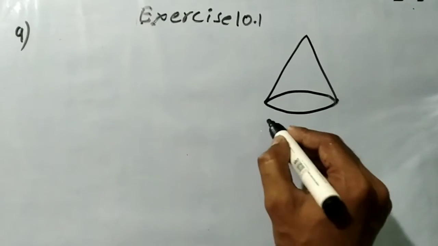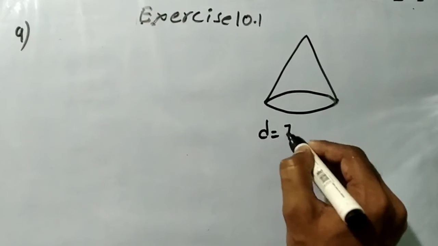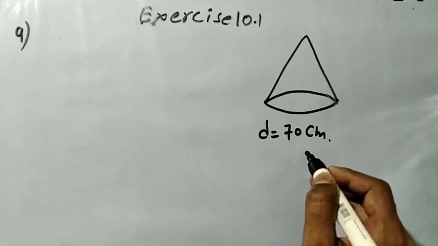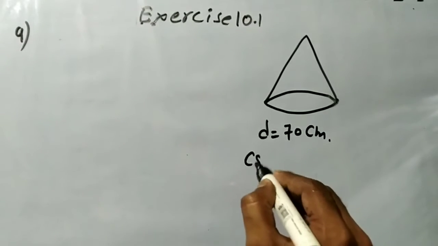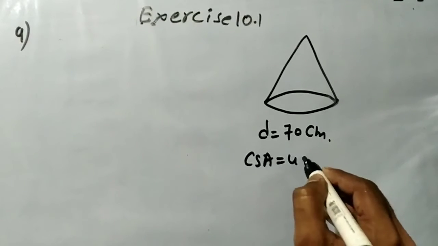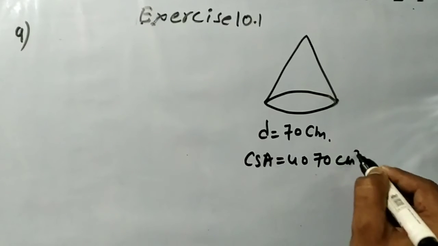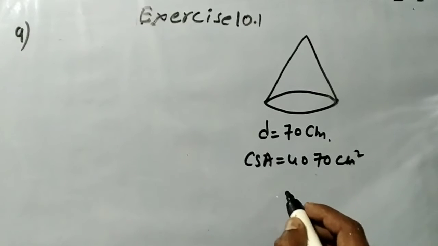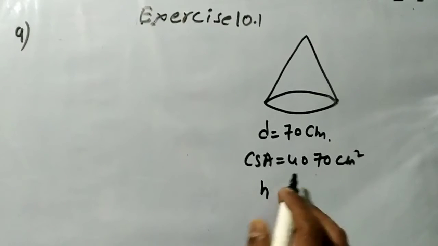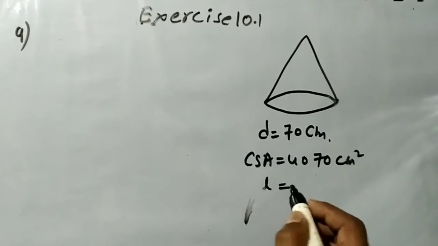So the diameter D is 70 centimeters and the CSA is 4070 centimeters square, and we have to find L.